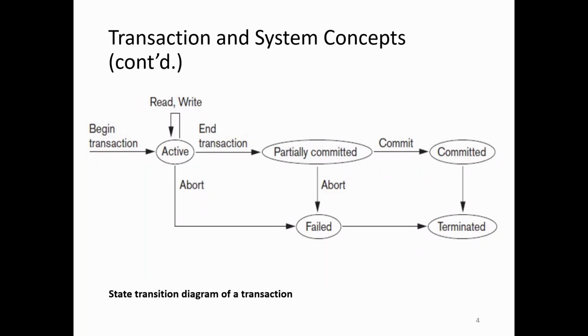If T2 fails, T1 also fails, since both are executing in an interleaved manner. If a particular transaction fails, the other one also fails.